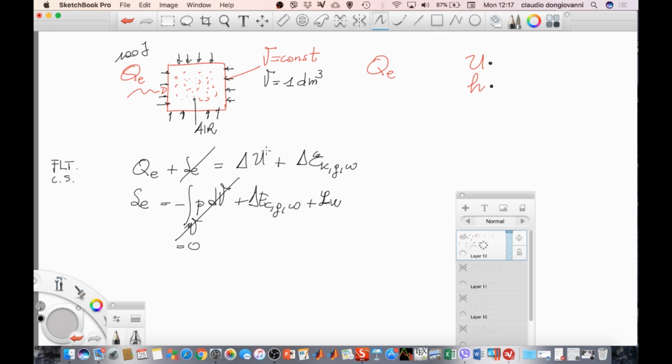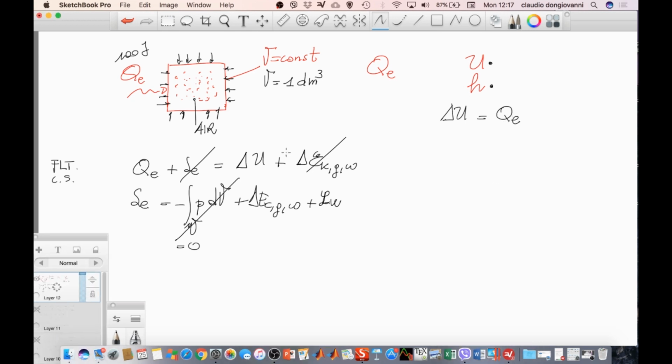The kinetic energy of the system, etc., it does not move. Okay, so you have that the variation of internal energy is equal to QE. It can be real or not real, doesn't matter. Okay, we have no restriction about that. But are we able to relate U to temperature?